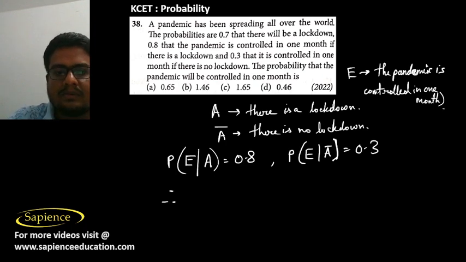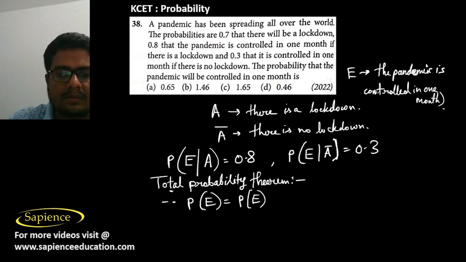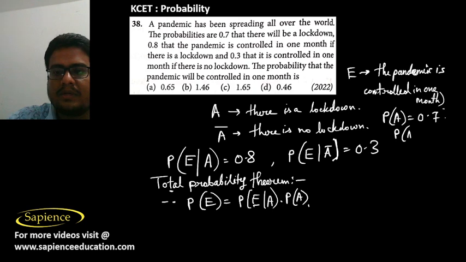So therefore, here we have to apply the total probability theorem, which is that the probability of the event E is equal to P of E given A into P of A plus P of E given A complement times P of A complement.